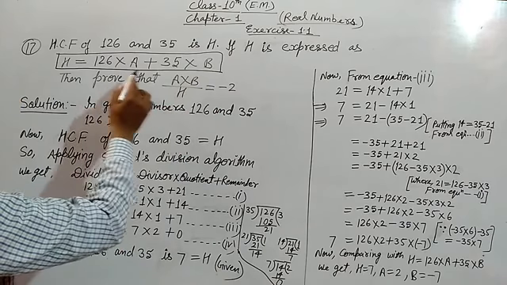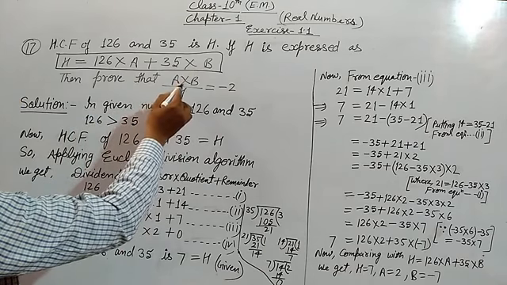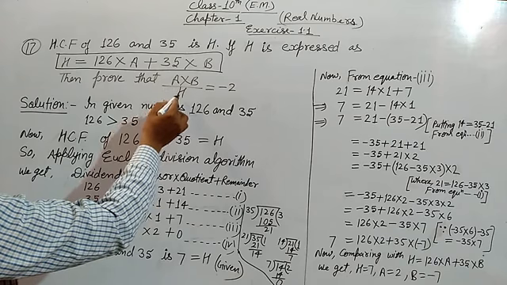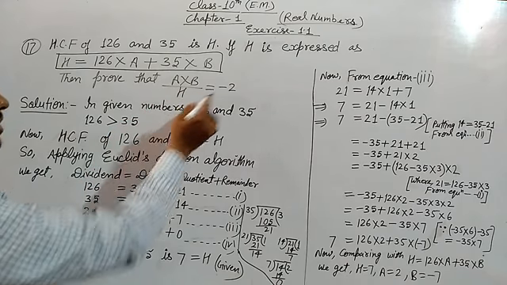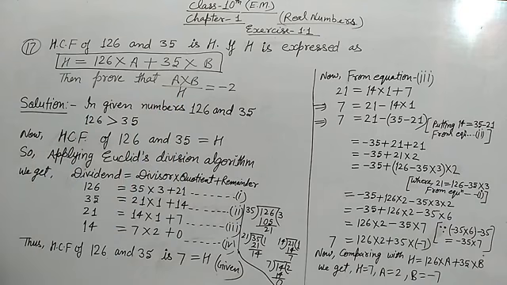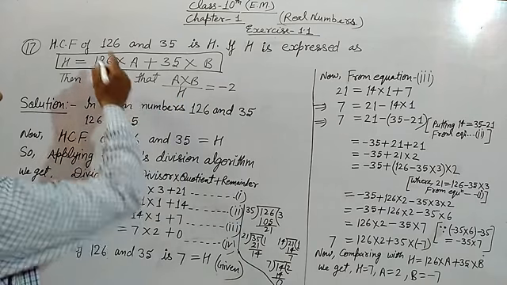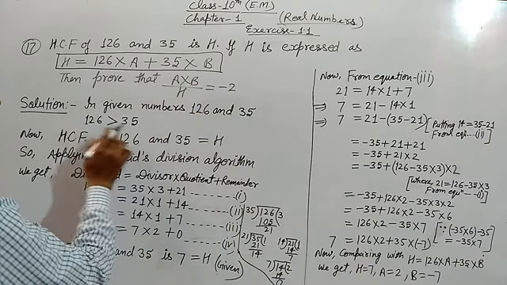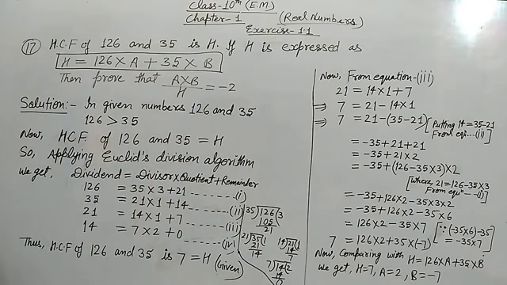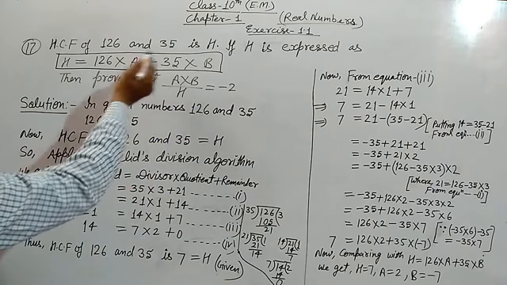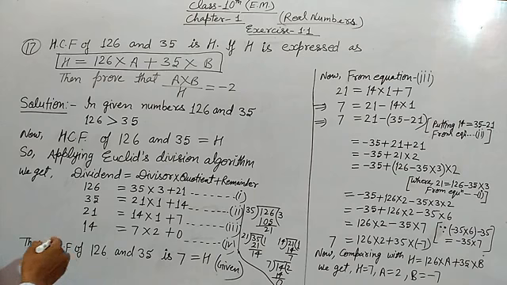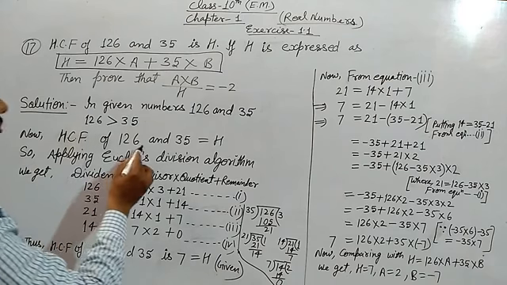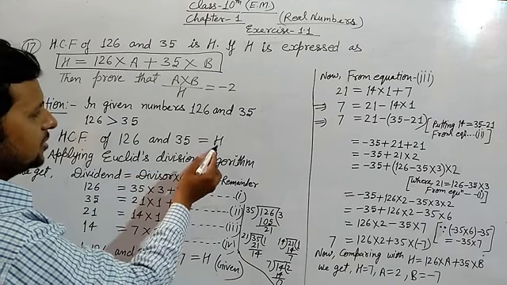That means when we multiply the value of A and the value of B and divide by capital H, we get minus 2. We have to prove this. Now we solve it. In the given numbers 126 and 35, we see that 126 is greater than 35. Now we get the HCF, as the question says the HCF is capital H. The HCF of 126 and 35 is equal to H. It is given.